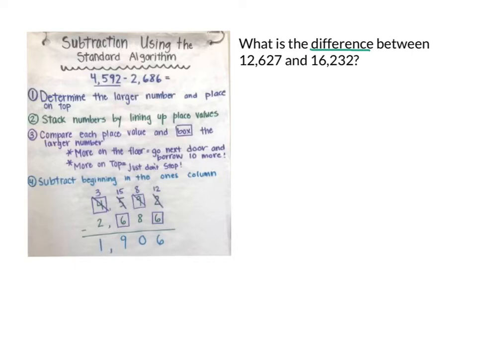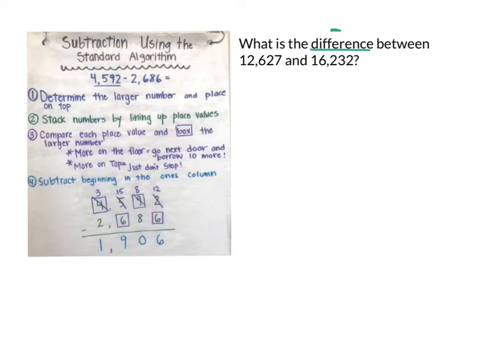The difference is just an answer to a subtraction problem. So when I see this vocab word, it tells me that we are subtracting. Our strategy for today is subtraction using the standard algorithm. So we are going to use this anchor chart to the left to help us solve.